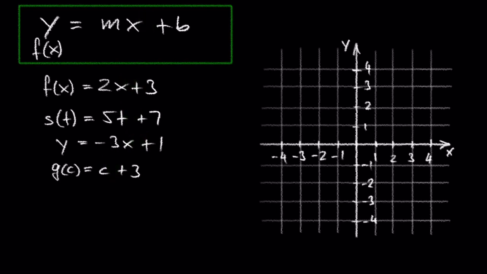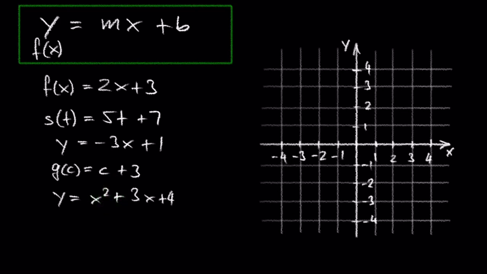The equation y equals x squared plus 3x plus 4 is not a linear function because the exponent of the variable is 2 instead of 1 like in the previous examples.